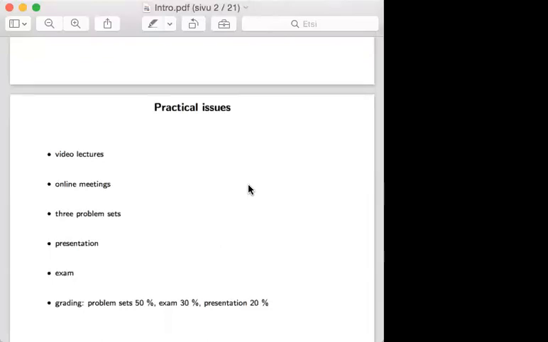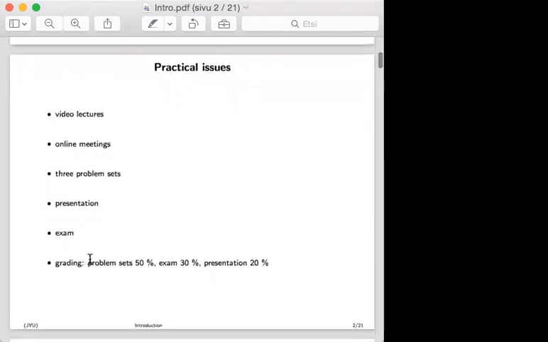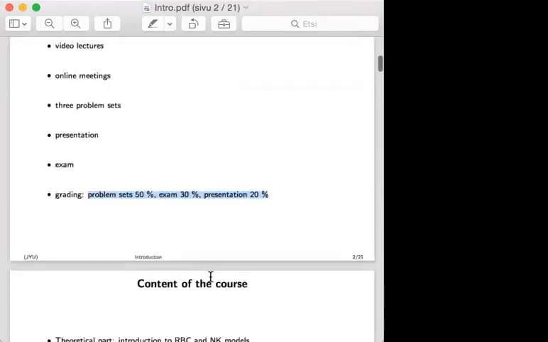There is a list of papers at the course webpage. I will update it soon. Then there is a final exam, which will be really similar to problem set exercises. And in the grading, problem sets have a weight of half, and then exam and presentation the other half.